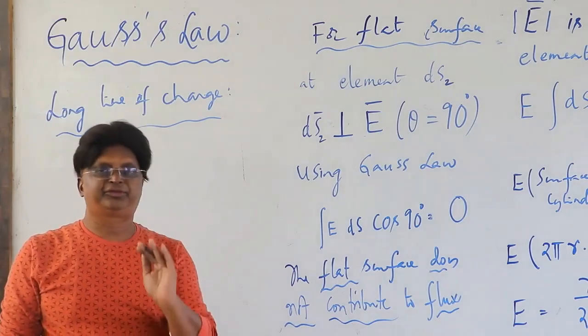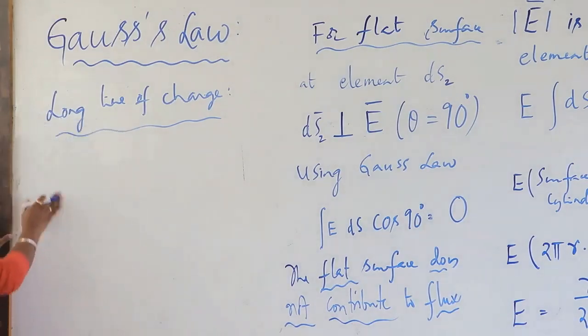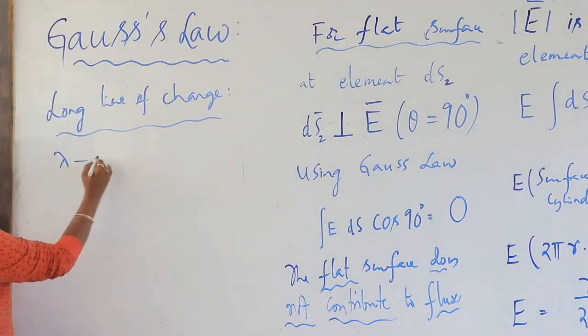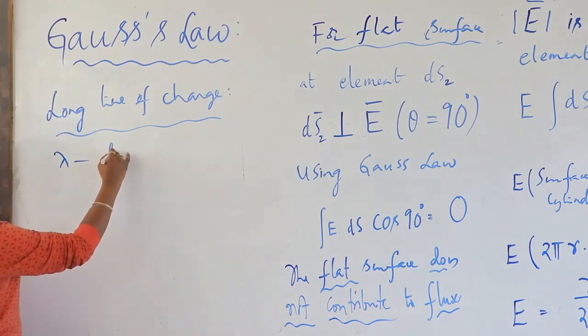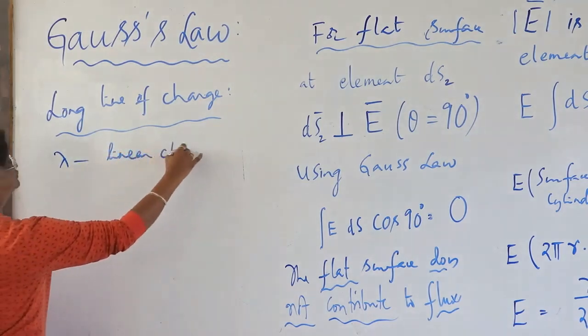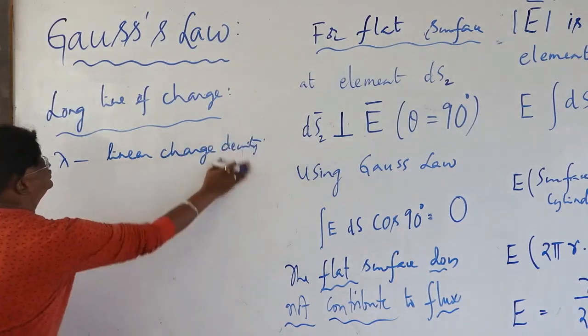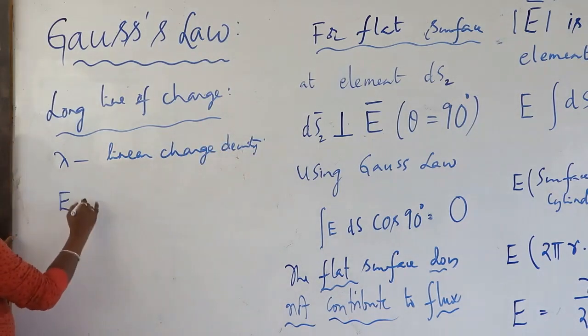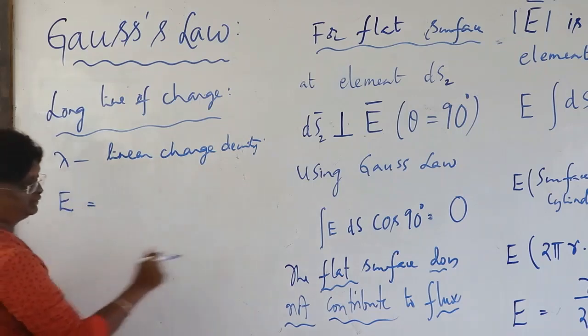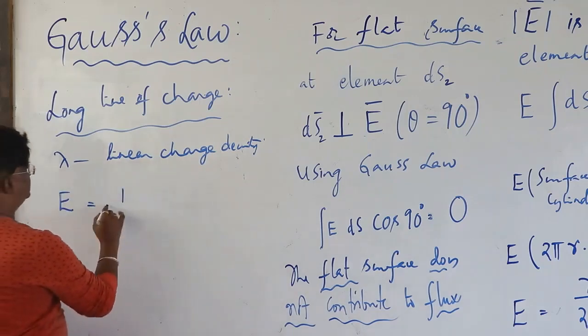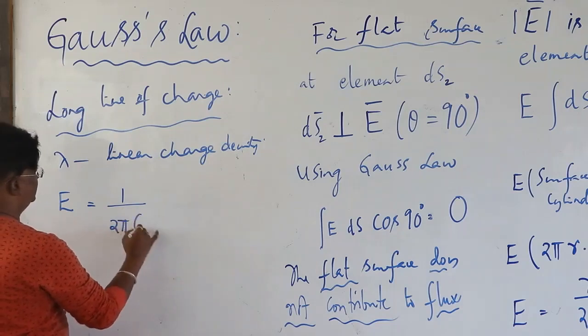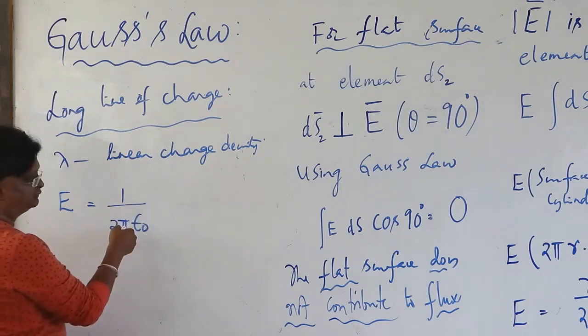You need these three simple things that you have mentioned. Lambda, linear charge density, then E is equal to, what was the expression? 1 by 2 pi epsilon naught, a constant term.